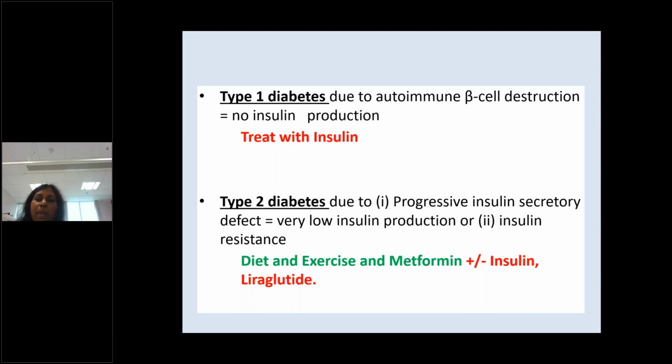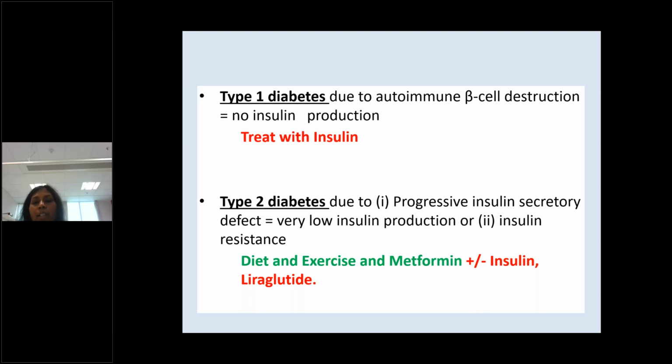And metformin is basically a biguanide, and what it does is it reduces the hepatic production of glucose, basically gluconeogenesis, and it also increases the insulin sensitivity.